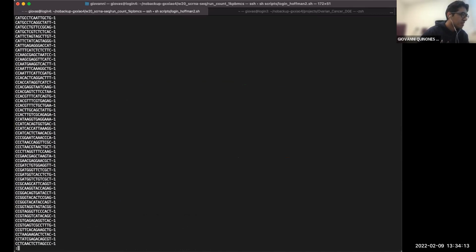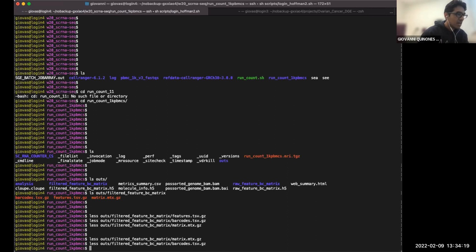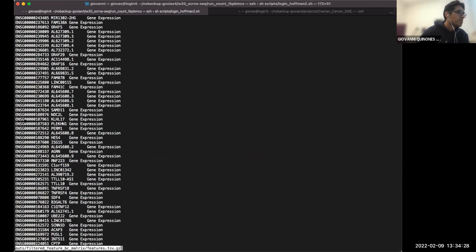I believe there are over 2,000 cells that we're going to be looking at. And lastly, we have our features. In this case, the features are the genes. So here we have the gene ID, the gene name, and the metric, whatever we're calculating for this particular gene, which is gene expression.